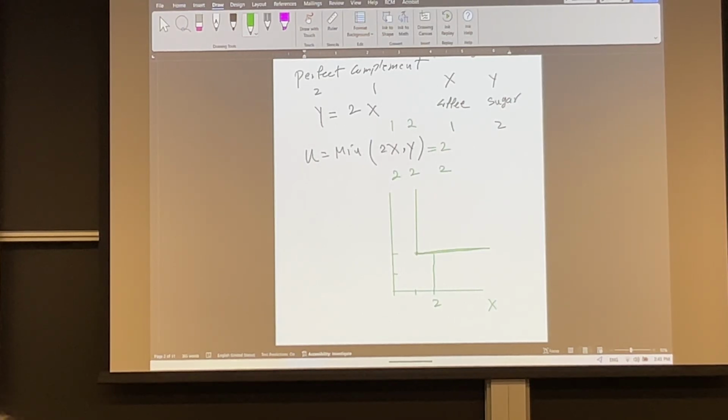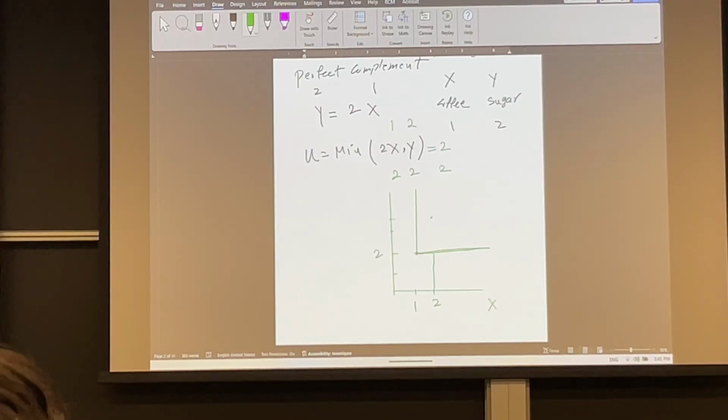Right? From 1 coffee and 2 sugars, you get a satisfaction equal to whatever you get from these edges. But more of one does not do anything. More of the other one does not do anything either. If you want to move to a different level of satisfaction, you can. I have to give you how much? 4 sugars if you have 2 coffees.